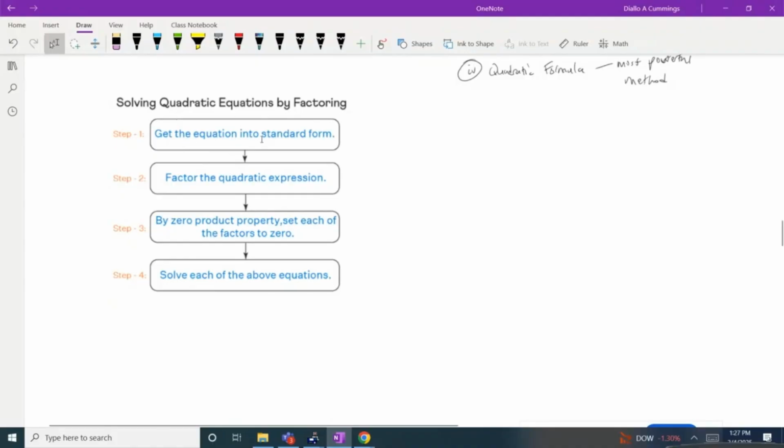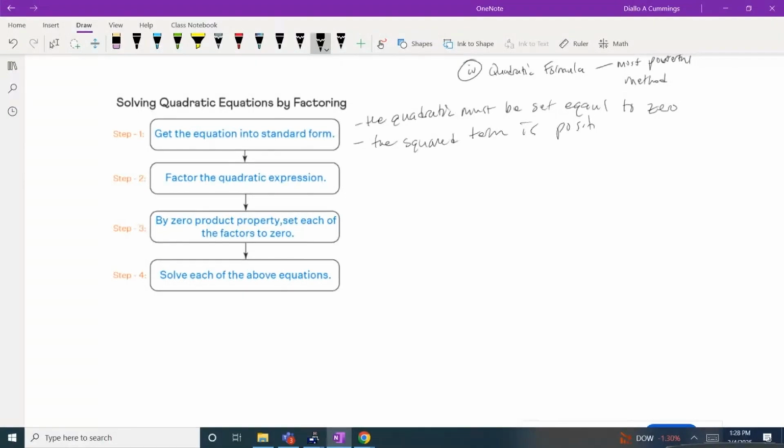First thing it says is get the equation into standard form. What is standard form? Standard form means that the quadratic must be set equal to 0 and the squared term is positive.